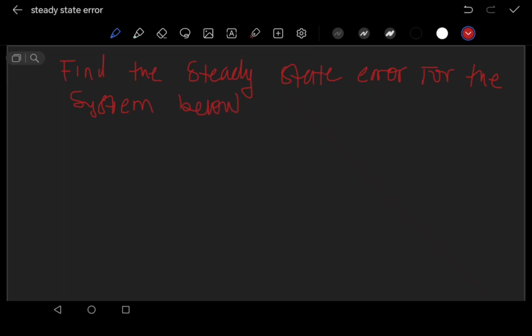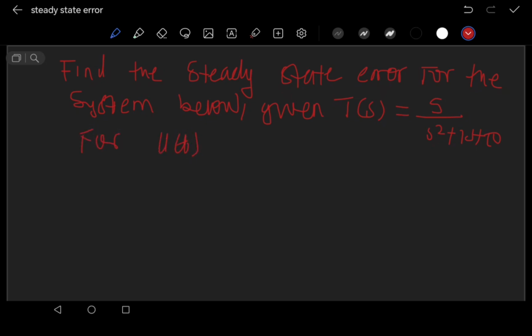Question number 1: find the steady state error for the system below, given T(s) equals 5 over s squared plus 7s plus 10, for u(t).